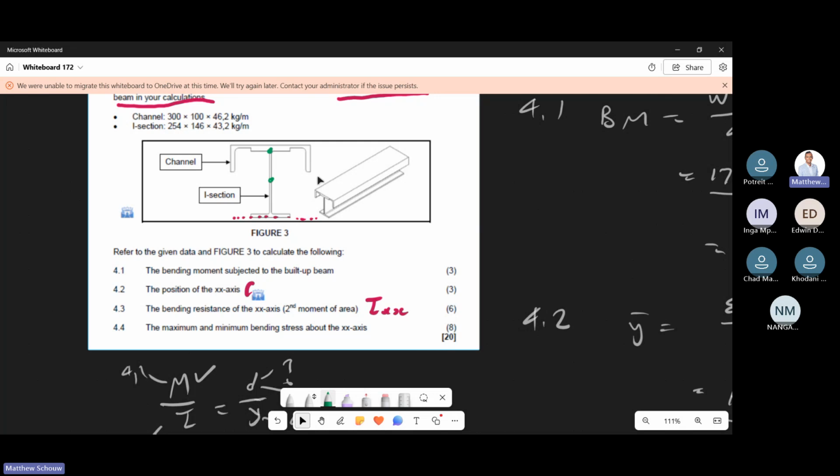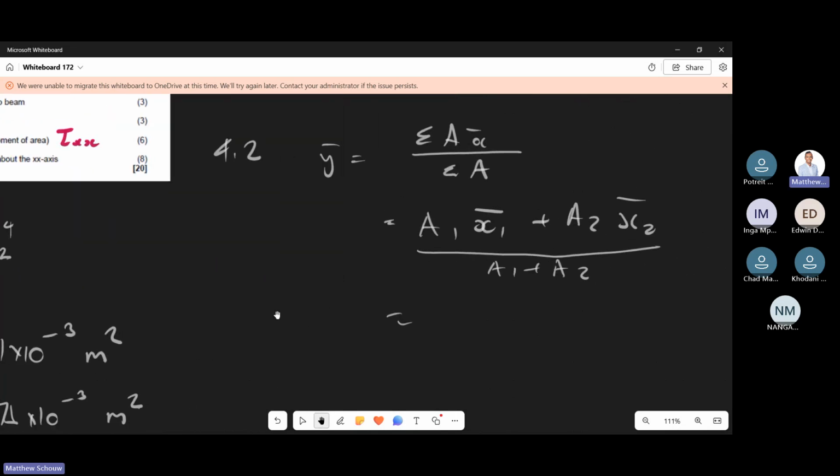Okay. So for the I section, for the first element, all we have to do is find the height on the steel table and then divide it by 2. Is that okay? Can we find that quickly? Let me zoom out here.